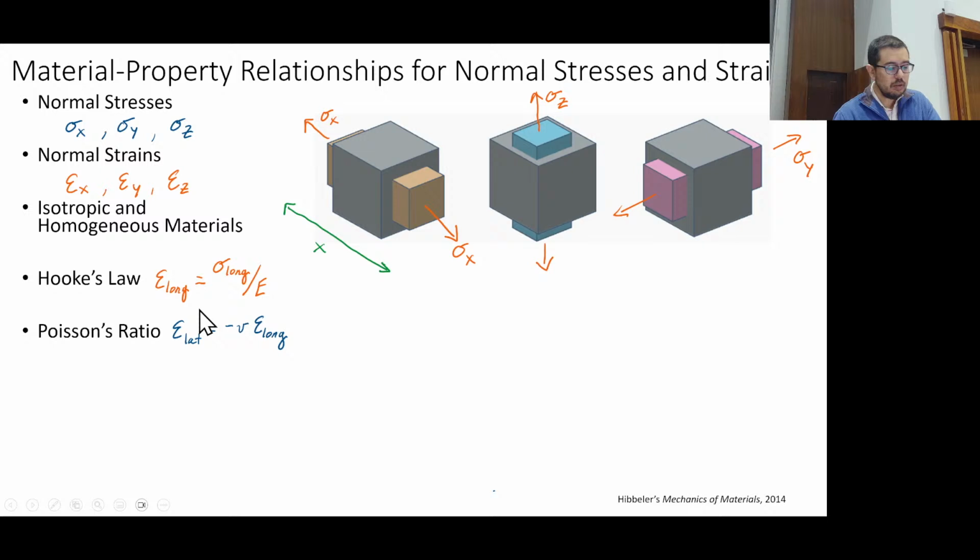We've got Hooke's law, which we love, and that's just sigma equals E epsilon, but rearranged. So now we have longitudinal, and we have a Poisson's ratio, where the lateral strain is equal to minus nu times epsilon longitudinal. All these things are familiar; this one is the only one that's new.